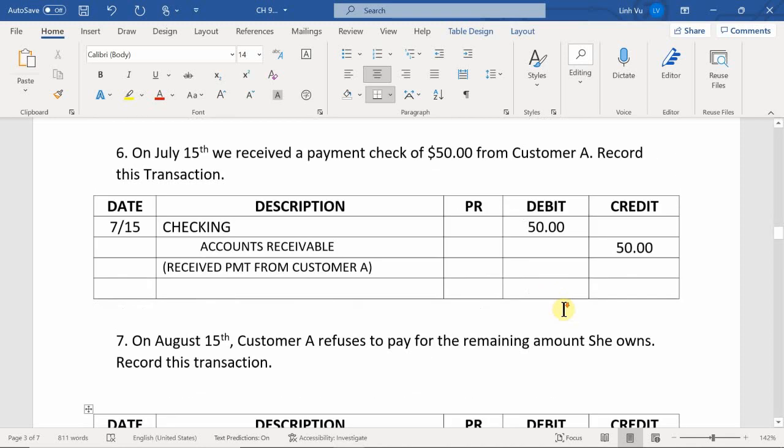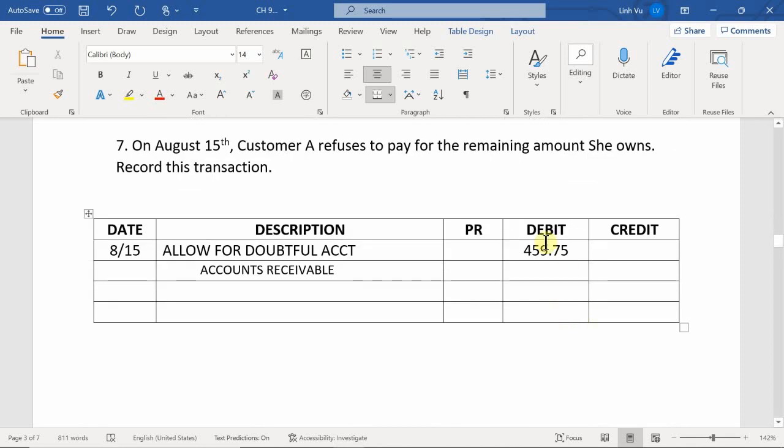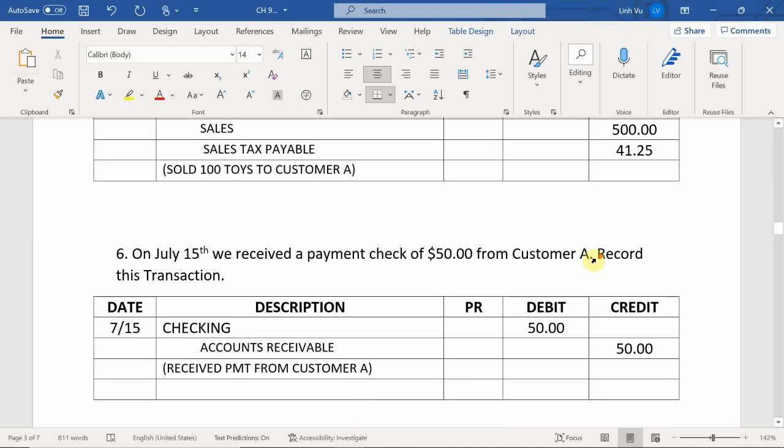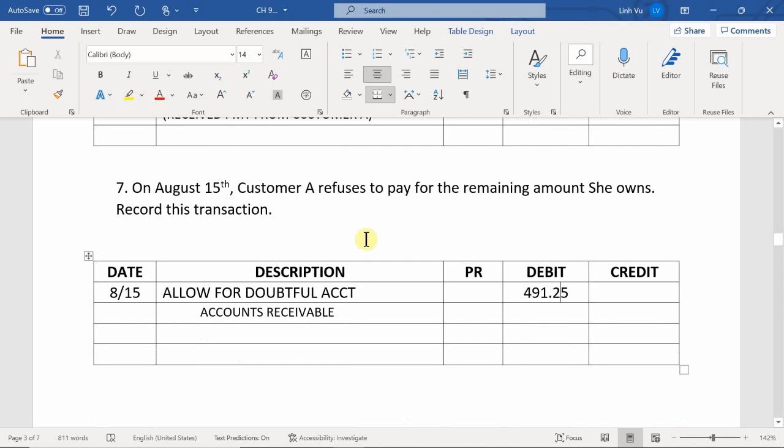If I minus $50 from 541.25, you have to include the tax too. This time she owes me a total of $491.25 because you have to include the tax as well.